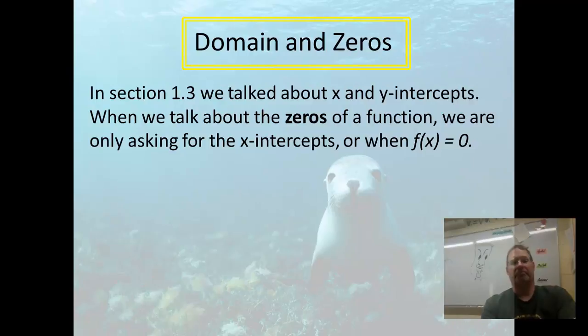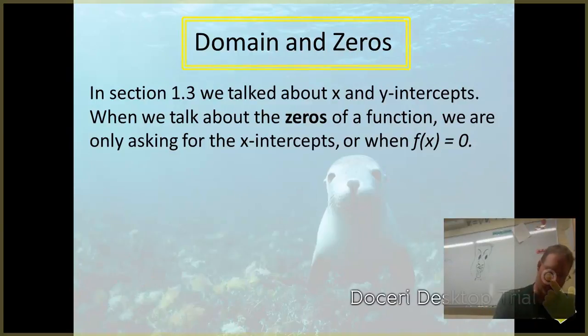Let's try another one. Actually, let's not. Let's talk about zeros, since that's the last thing we want to talk about on this particular video. In section 1.3 we talked about the x and y intercepts. When we talk about the zeros of a function, we're only asking for the x-intercepts, or where f of x equals 0. Okay? So we're interested in only where it crosses the x-axis, not the y-axis, specifically when they ask us just for the zeros.